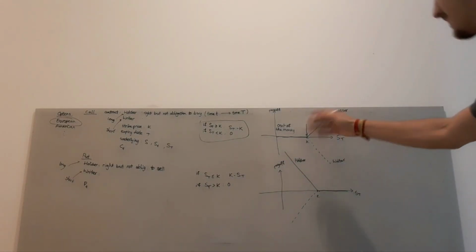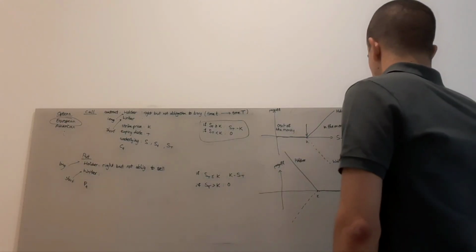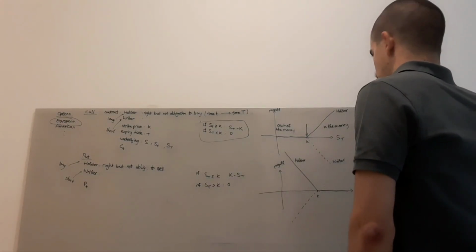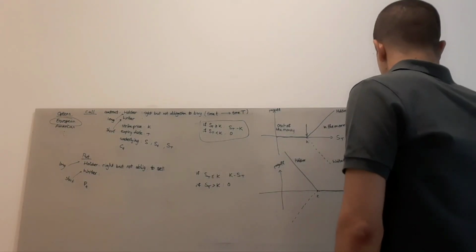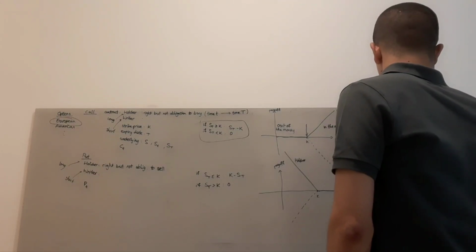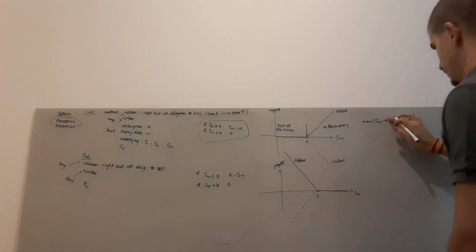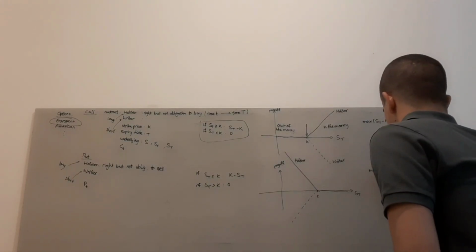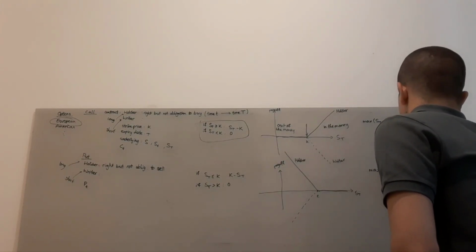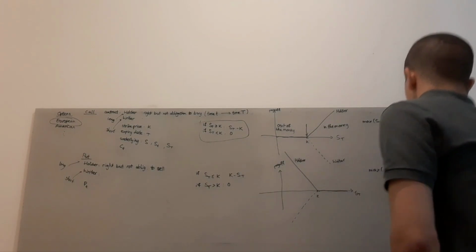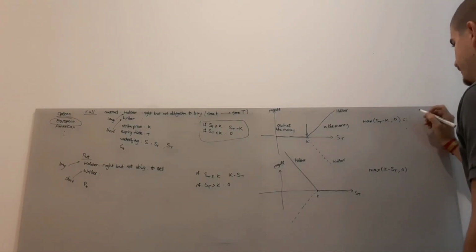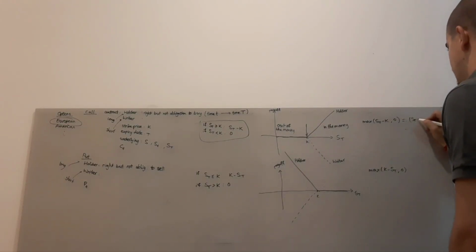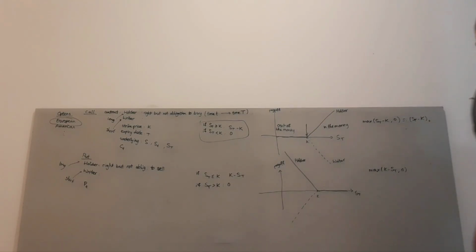Now, this function here is just the max of S_T minus K and 0 for the holder. And this one is the max of K minus S_T and 0, which we're going to denote, by the way, as S_T minus K with a plus sign.